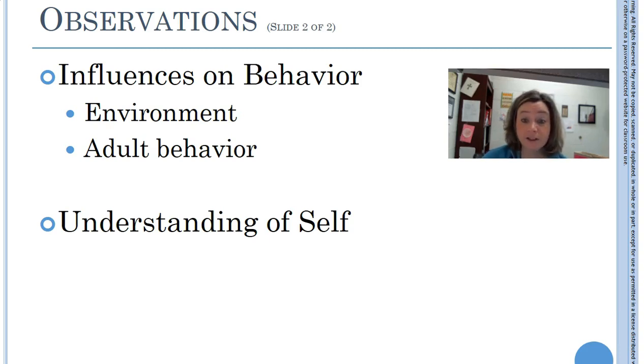So as we are looking at observations, we also are looking at, are we kind of the cause of what's going on in the classroom, and recognizing that our behavior can have an impact on their behavior.